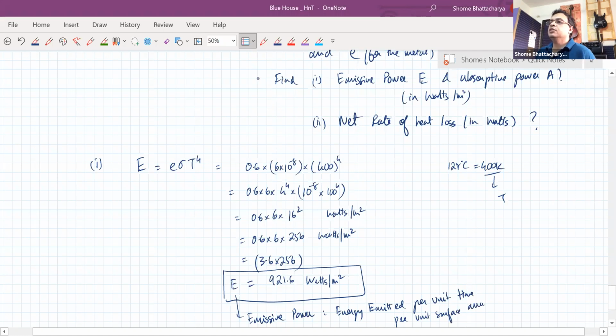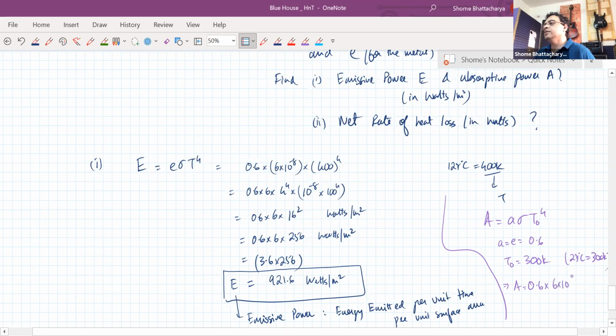Now likewise you can find the absorptive power. It will be A sigma into temperature of the surrounding to the power 4. So A is equal to E is equal to 0.6, but the surrounding temperature will be 300 Kelvin, because 27 degrees C is 300 Kelvin. So absorptive power will become 0.6 into 6 into 10 raised to minus 8 into 300 to the power 4.